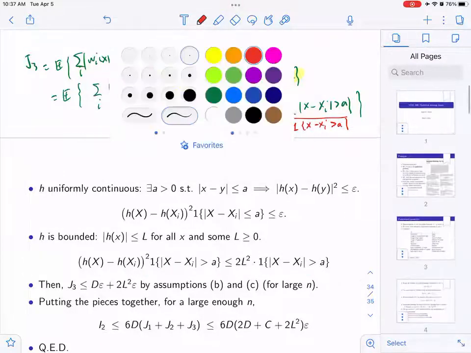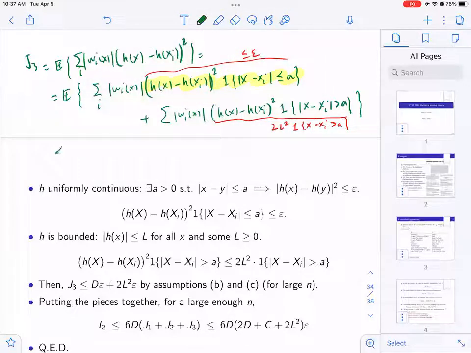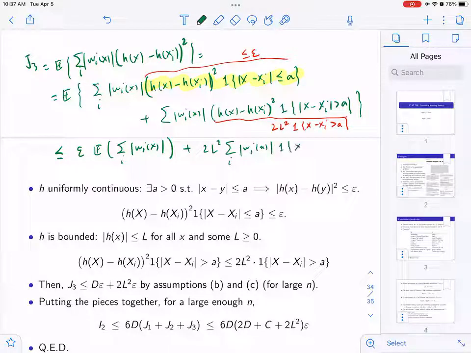So if you followed, this would be bounded by epsilon times the expectation of the summation over i of wi(x), plus 2Ls squared times the expectation of the summation over i of wi(x) times the indicator that |x minus xi| is bigger than a. Okay.